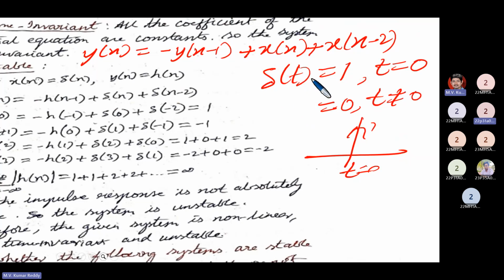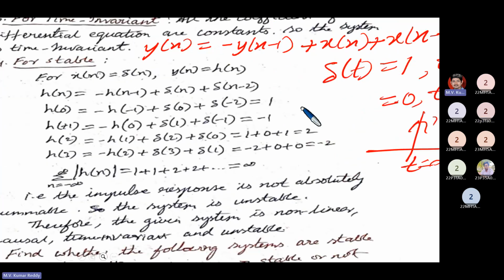For any other value it is 0, that is delta of 1, delta of 2, delta of minus 1, delta of minus 2, delta of minus 3, delta of plus 1, delta of plus 2 are all 0. Only at delta of 0 the value is 1.